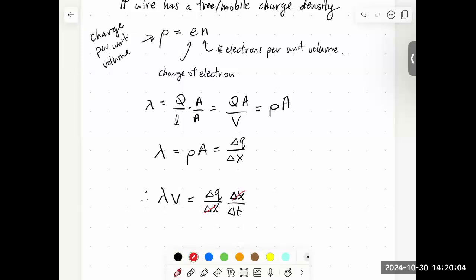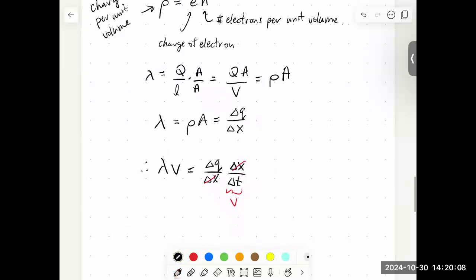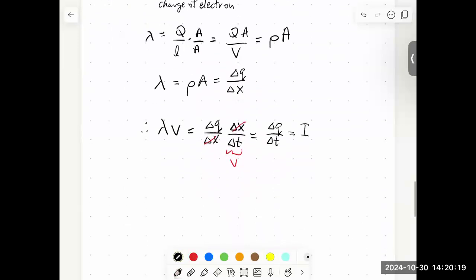And so delta x cancels. This thing is just the speed. Well, what are we left with then? Delta Q over delta t, but that's just current.